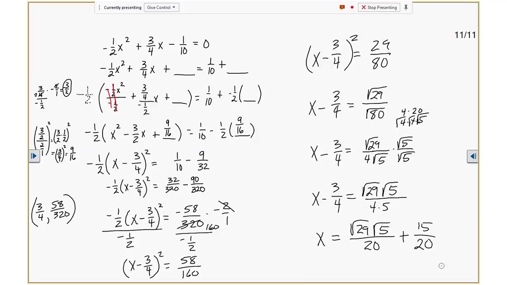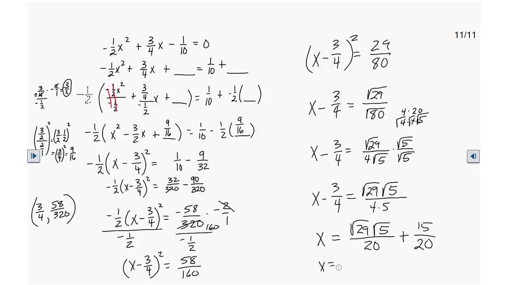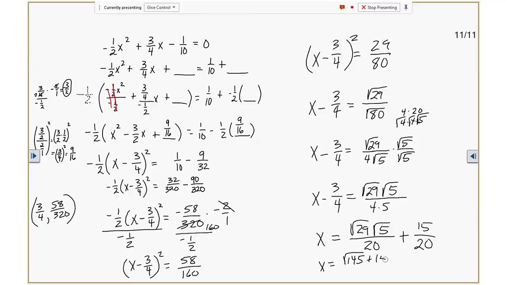Let's see, 5 times 29 is 145. I think that's right. X is equal to the square root of 145 plus 15 over 20. And what's the square root of 145? 12.1. So x is equal to positive or negative 12.1 plus 15 over 20.